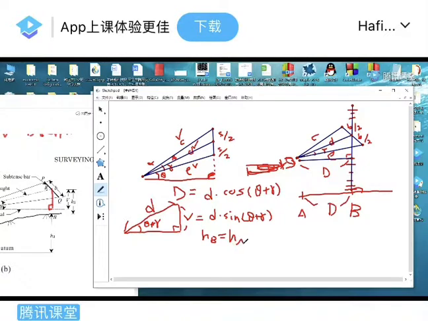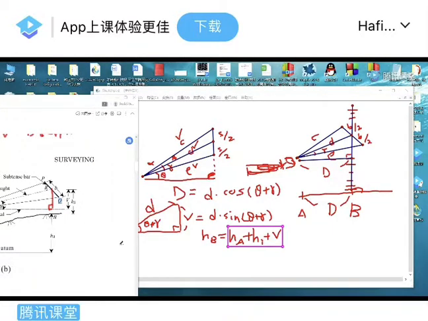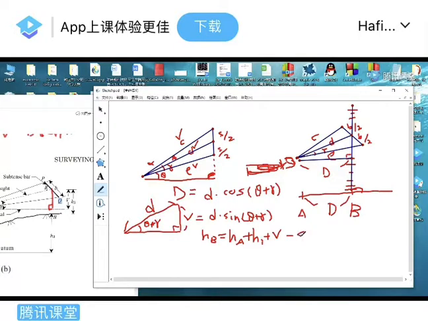It's HA plus HI, the height of point A, the height of the instrument, plus the height of V. The height of V means this one, and not the previous case. And minus the middle reading SM. This is the formula for this particular case.